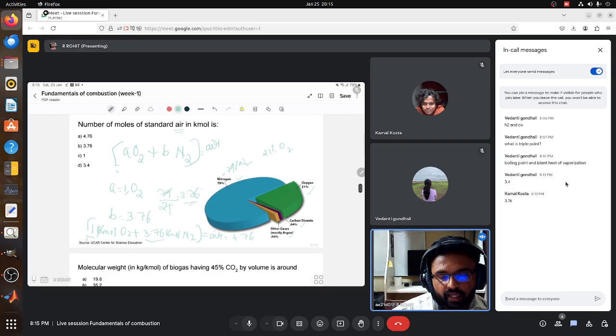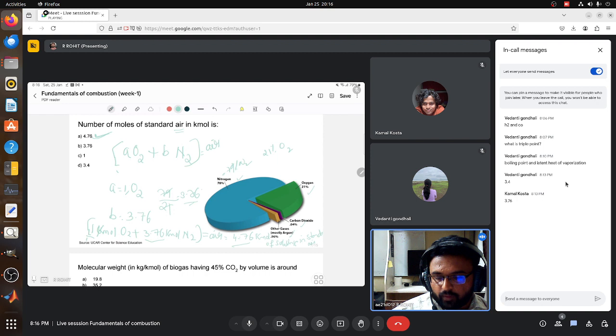In standard air you have 1 kilomole of oxidizer plus 3.76 kilomoles of nitrogen. So your answer should be 4.76, not 3.76. I hope you understood how we calculate it.